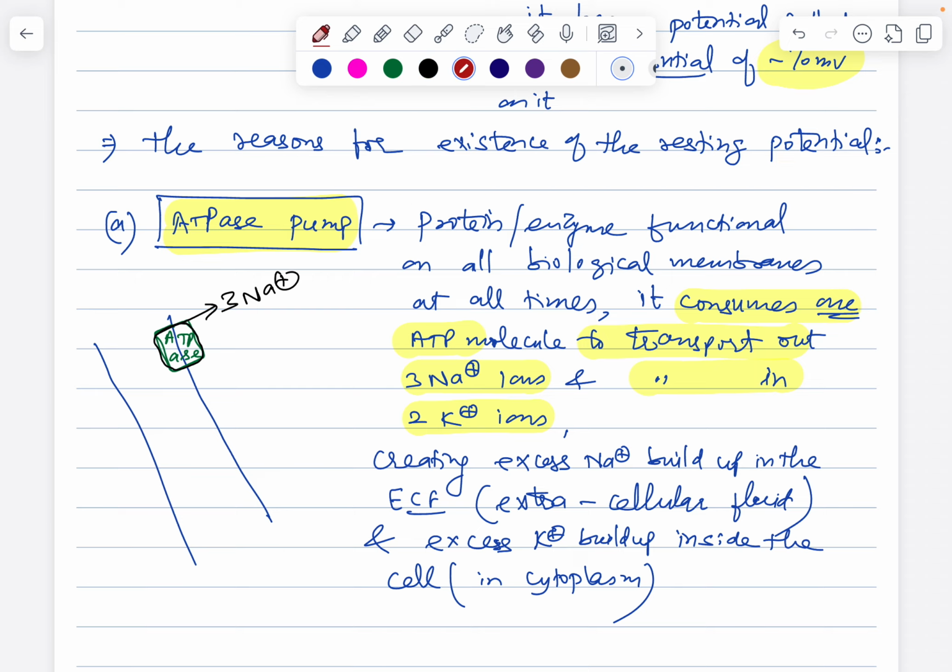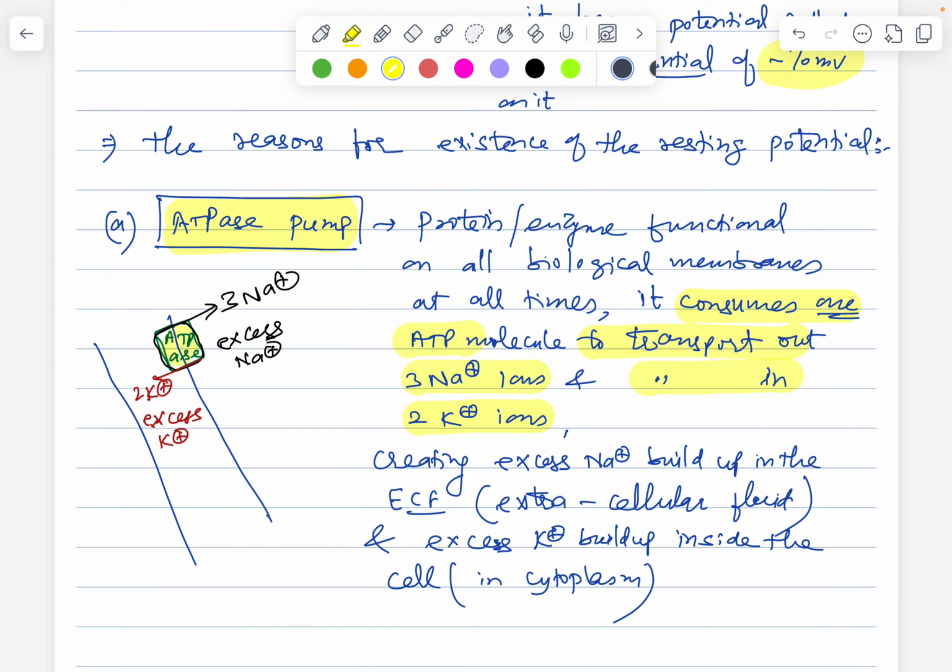And at the same time, it transports in how many potassium ions? 2 per ATP molecule consumed, which creates excess potassium buildup inside and excess sodium buildup outside. Who's responsible for this?